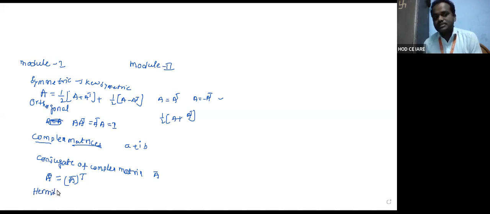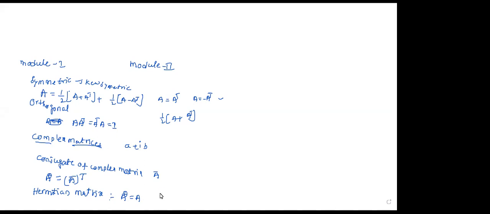A complex matrix is said to be Hermitian if it satisfies A power of theta, the transpose of the conjugate matrix, is equal to A. That is called a Hermitian matrix. And skew Hermitian.